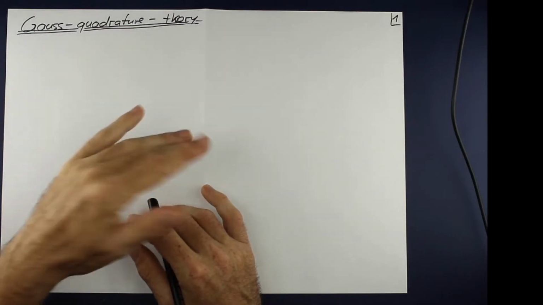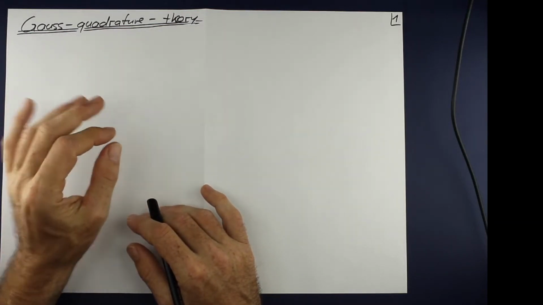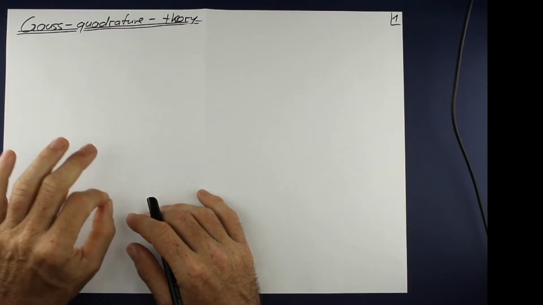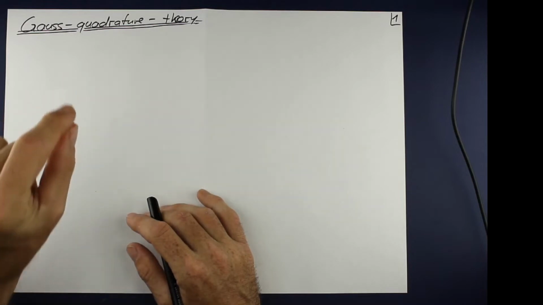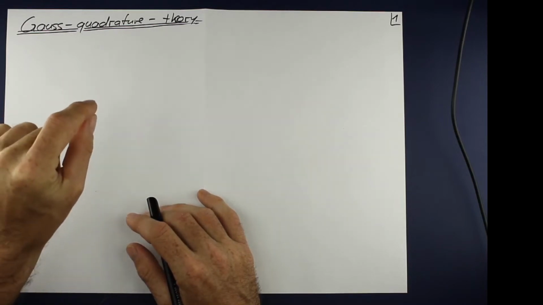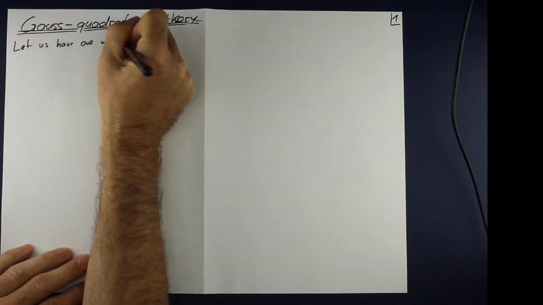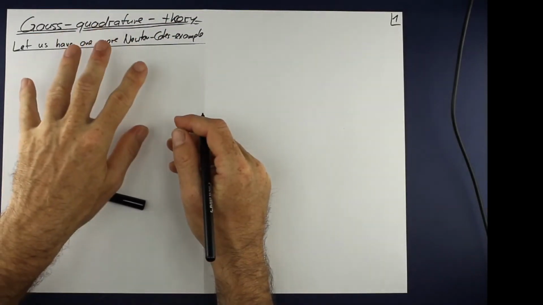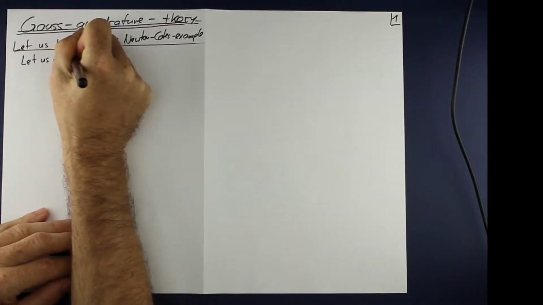I bet that what we will do here was what Gauss did, and then he had his idea. We don't want to apply the Newton-Cotes formula.